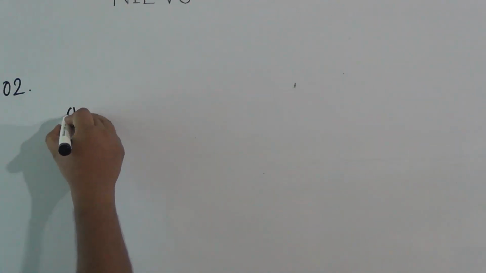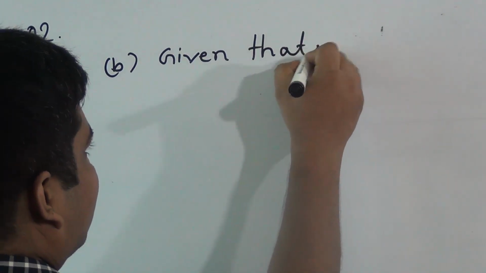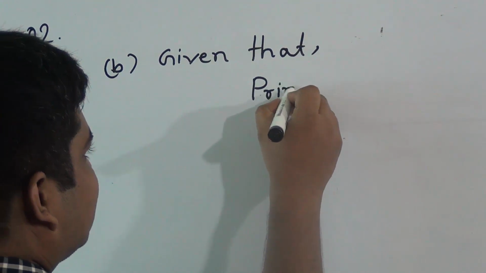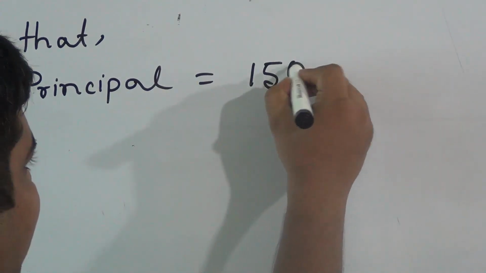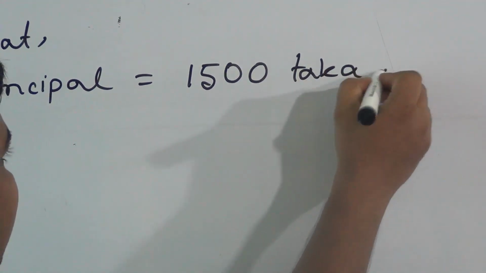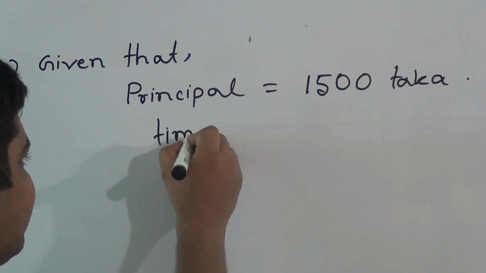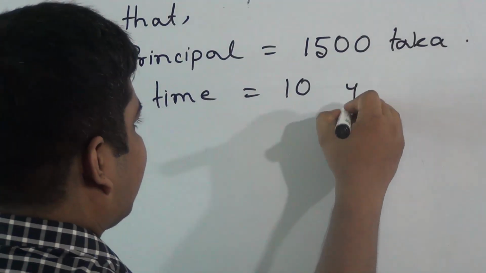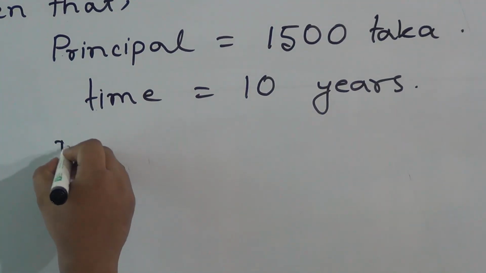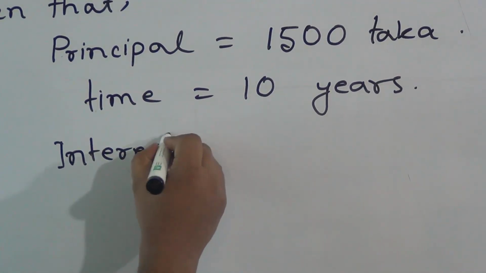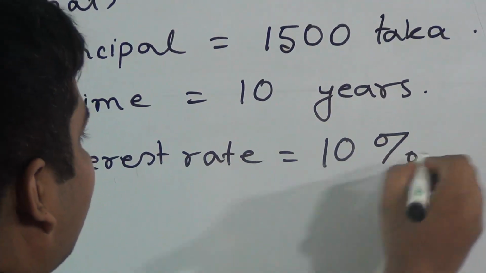Given that, principal equal to 1500 taka. Next, time equal to 10 years and interest rate equal to 10%.